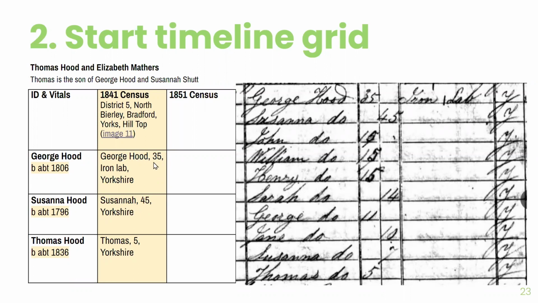So George could actually be any place from 35 to 39. Susanna could be anything from 45 to 49. However, kids under 15 were not supposed to be rounded. I do still occasionally see the enumerator even rounding the kids, but most of the time they won't. So 5 is probably accurate for Thomas.